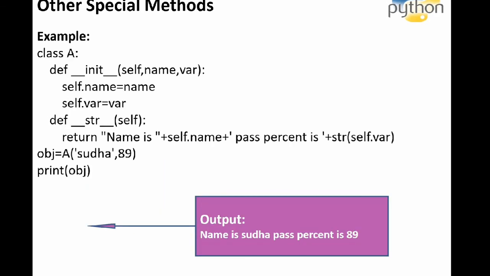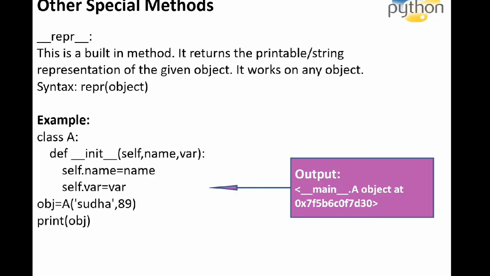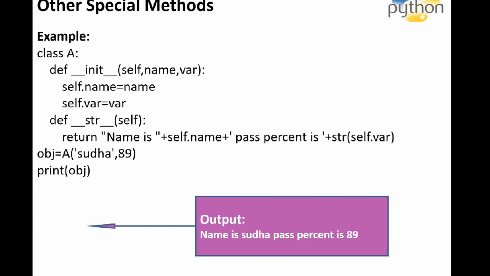It's the same program where there is no str over here, but in the next case I have written str. When I have written str, what happens is when I say print obj, this obj will try to call this dunder str. So inside this dunder str, I'm writing whatever I want to print on the screen. So that description about the object will print on the screen, and it will be more meaningful.